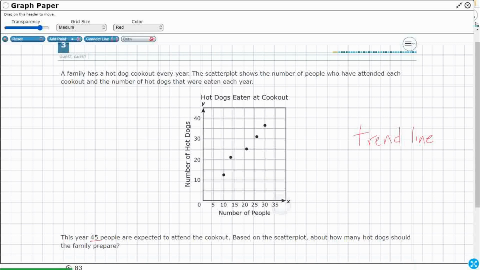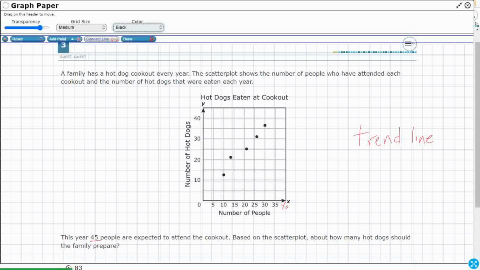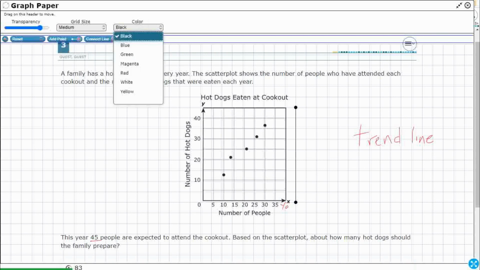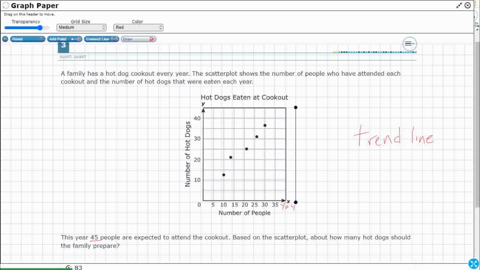So here's 40, so we've got to get a whole other section. I'm going to extend that right there. It's a nice feature that you can use here. You can just extend it out. It's 45, and I think it might go above, so let me extend it up like this, and extend it over like this in case it goes up above.